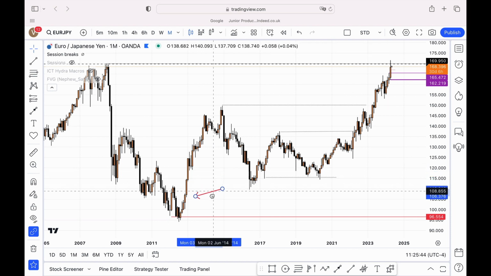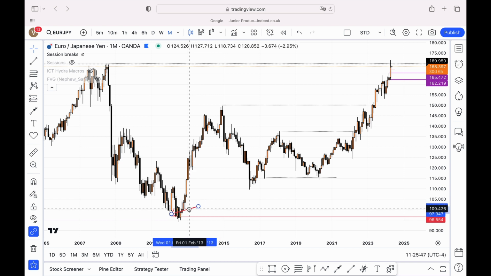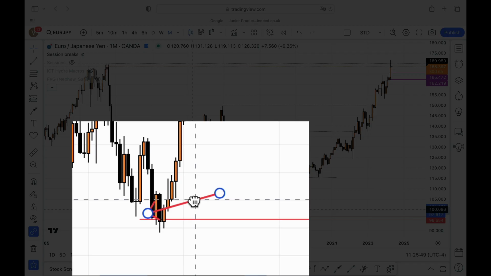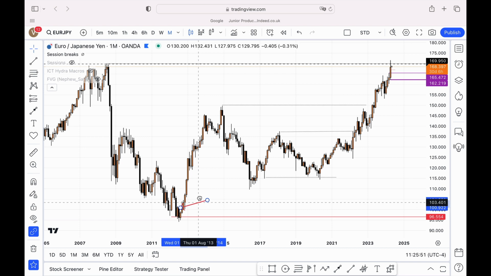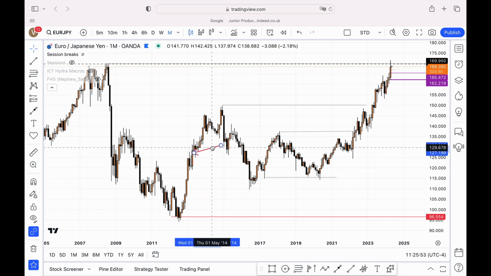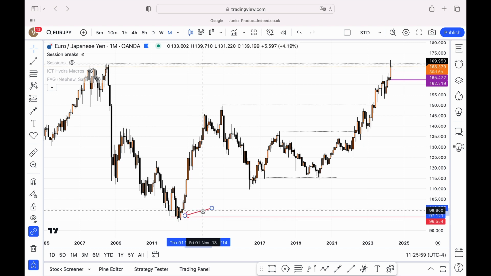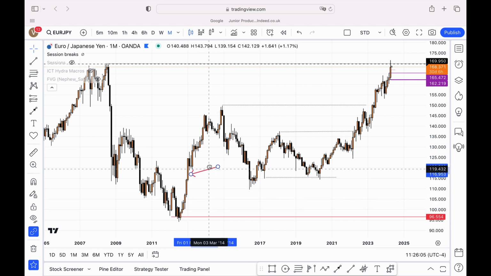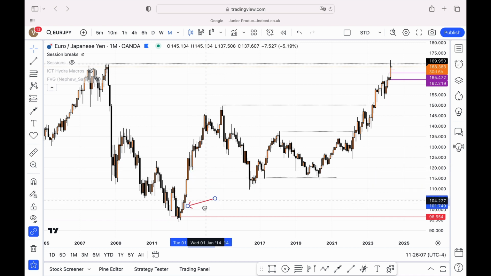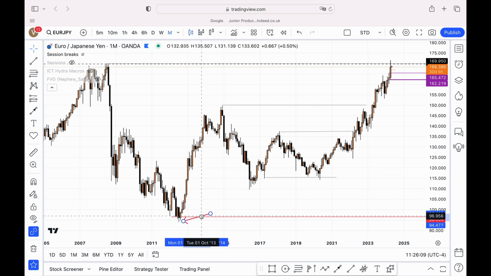In this example, we see when price sweeps this low right here, there is a reaction above the current price when it was at the bottom right there. So let's call that 96.55. This move confirms that there was liquidity resting below that level.